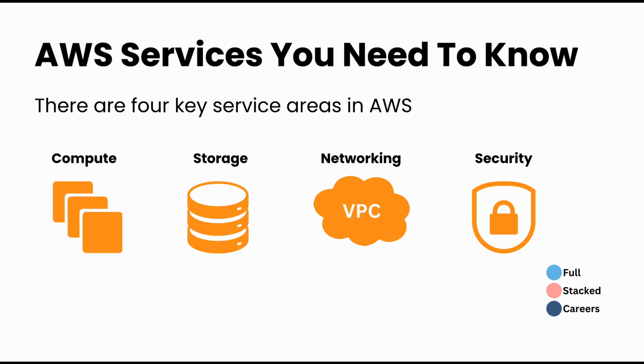Next up, we have networking. For networking, you have Amazon VPC, which we use to define network configurations. The long form is Virtual Private Cloud, where you also house your subnets and the different configurations and gateways you might use to provide networking services to your cloud infrastructure. And next up, we have security.